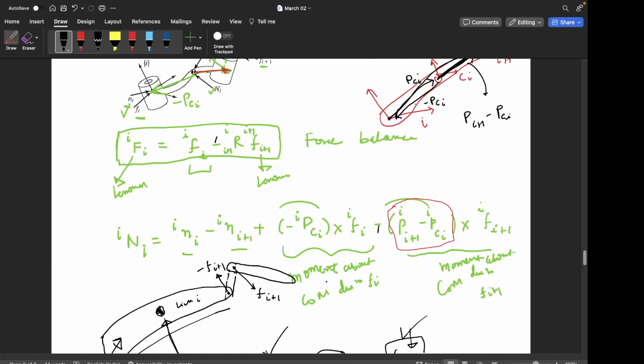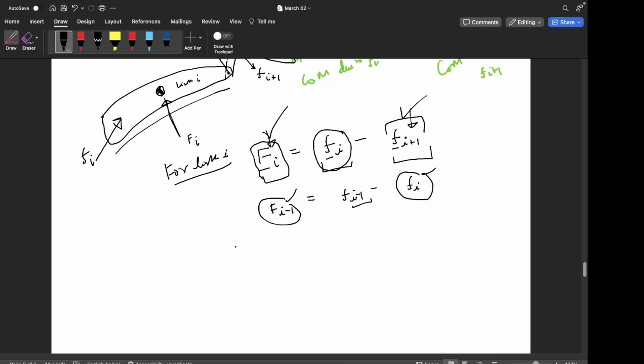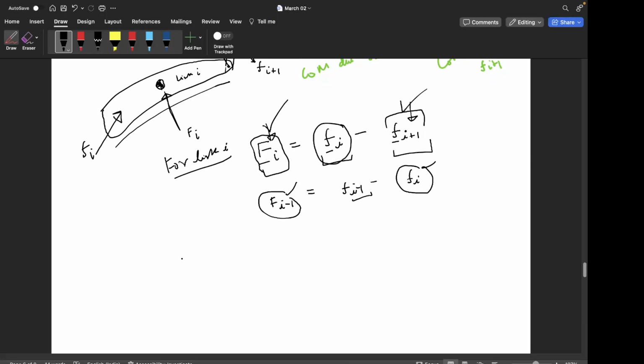Okay, and the same process will happen once you know all the forces, these Fis. You will also compute the moments. So finally, as I mentioned, we need to have joint torques. Those joint torques are from the Nis, and since we are giving the rotation axis as z, we'll take the dot product of this vector with the z axis.